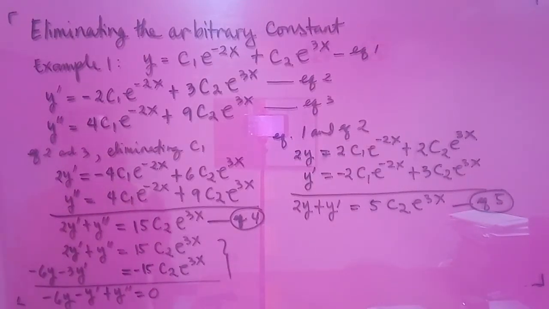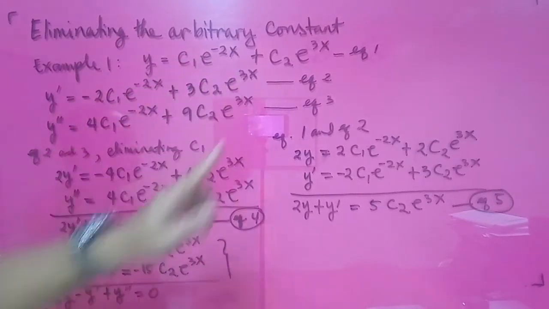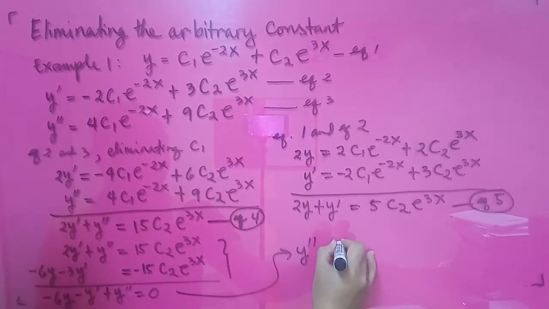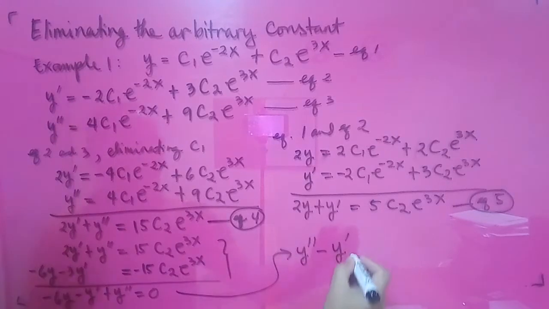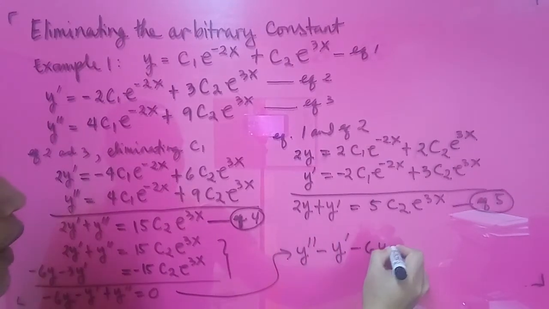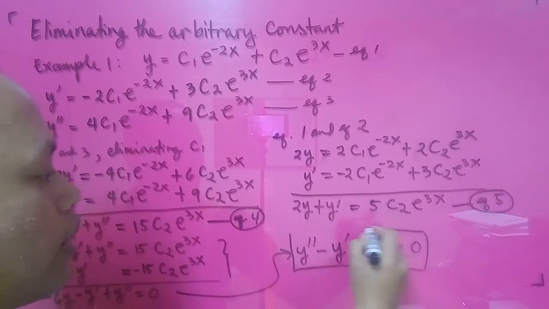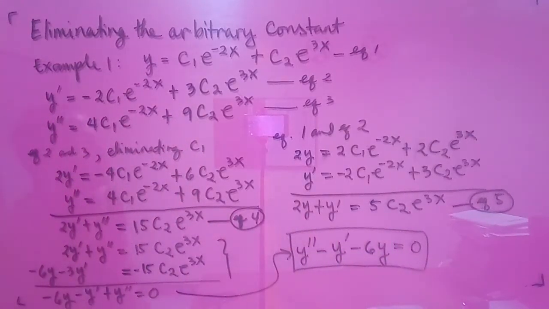If you have noticed, we eliminated our arbitrary constants c sub 1 and c sub 2. Therefore, our final answer is y double prime minus y prime minus 6y equals 0. There is no arbitrary constant in our final answer.